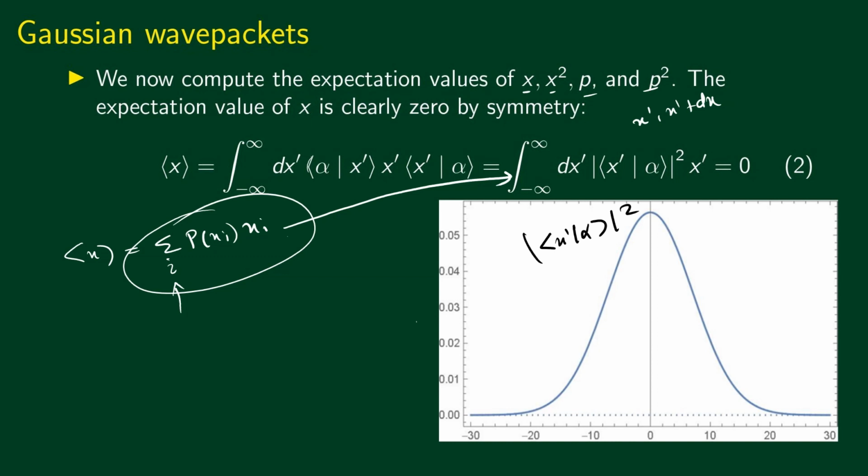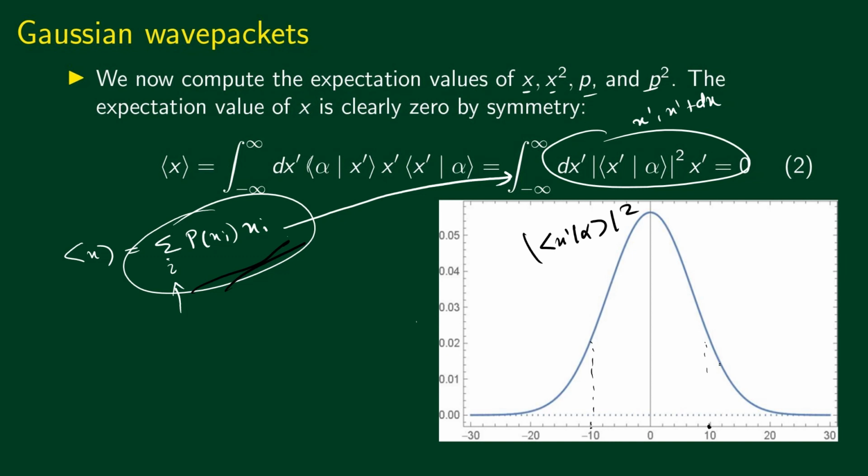If you take a position plus 10, the probability for position plus 10 is the same as the probability for position minus 10. Similarly, the probability for plus 1 is the same as the probability for minus 1. So when we carry out this summation or this integral, corresponding to every positive term, there's an equal and opposite negative term. So all this will cancel.